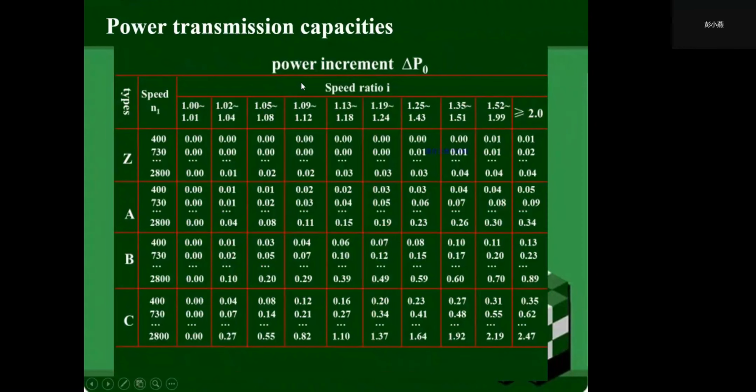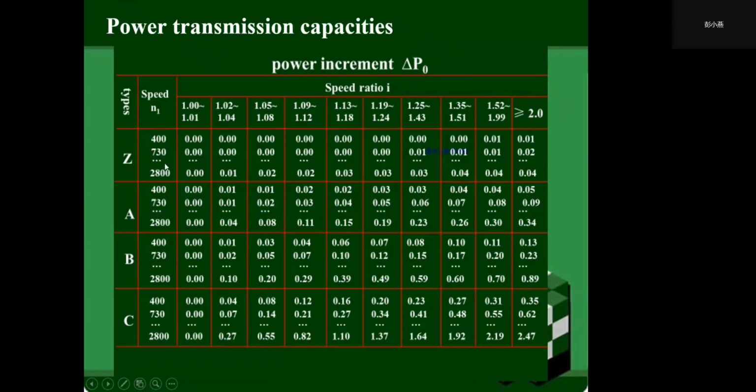And this is the power increment delta P0, because a given belt can carry a greater power. The increment of transmitted power delta P0 is listed in this table, and it is added to P0 to take this factor into account.